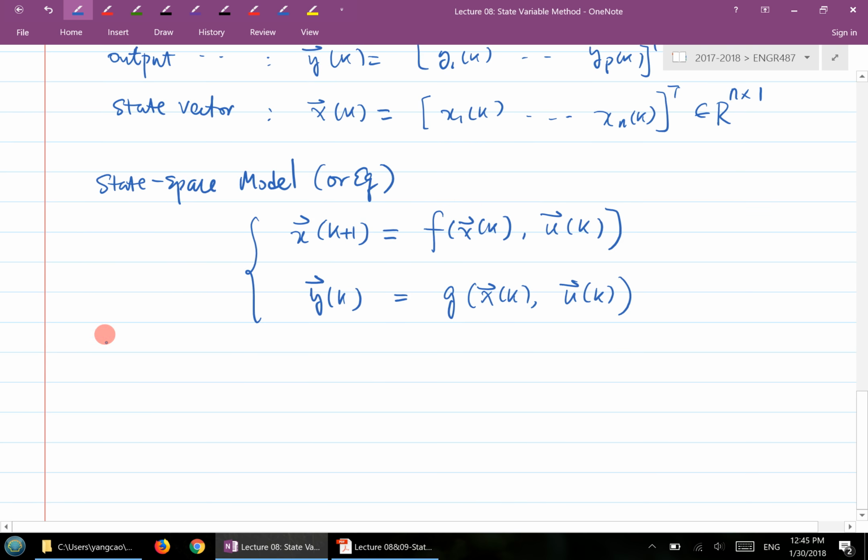Now, of course, what we're always dealing with is an LTI system. LTI stands for linear time invariant system. So we simplify quite a bit, and the state space model in this case, instead of using f, we have a linear system now.